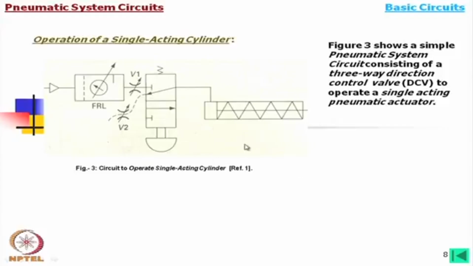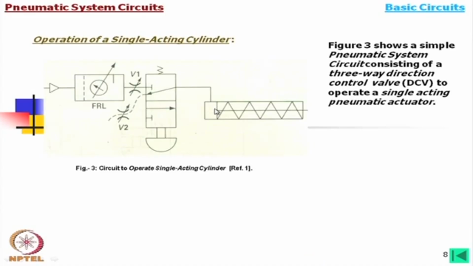That means, in case of single acting, you have to think of how it is returning. If it is a vertical one, then due to self weight it can come down, but normally there is no guarantee that we can use such a cylinder always in vertical position, even if it might be in the downward direction. So, all such single acting cylinders are mostly with a return spring, and that spring is just to overcome the minimum friction inside.